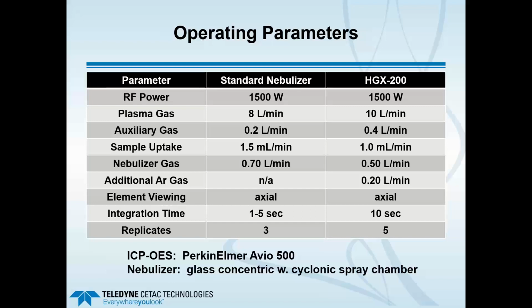That goes through the gas liquid separator, and then we add the additional gas above the membrane in that additional side port. In this case, it's only 0.2 liter per minute. And then you adjust those two flows to get the best signal-to-noise ratio. If you do not have a makeup gas flow on your host ICP-OES or ICP-MS, although most ICP-MSs have that now, you can use the little manual flow meter on the front of the HGX-200 to do that additional gas flow if needed.